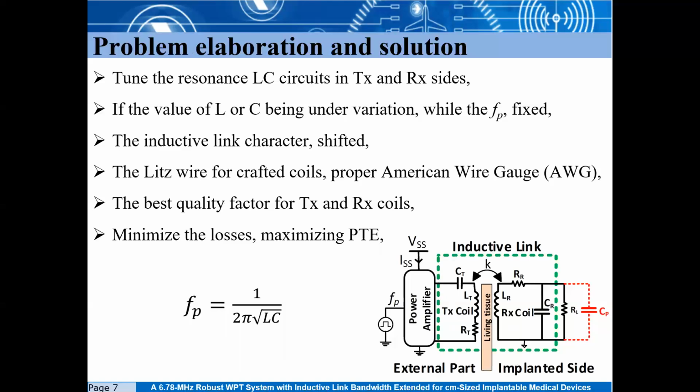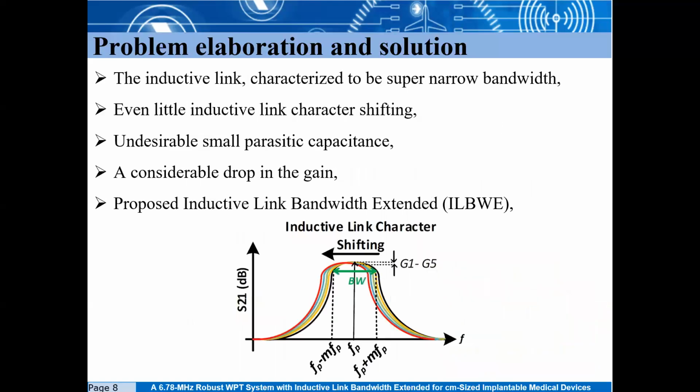The lead wire for a crafted coil is chosen to have a proper American wire gauge, providing the best quality factor for TX and RX coils to minimize the losses, resulting in maximizing PTE. In this way, the inductive link is characterized by a super narrow bandwidth.